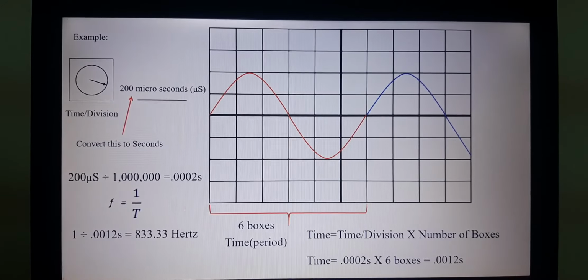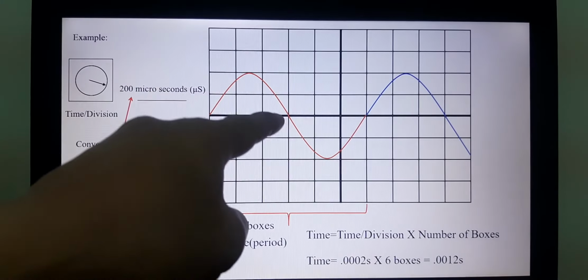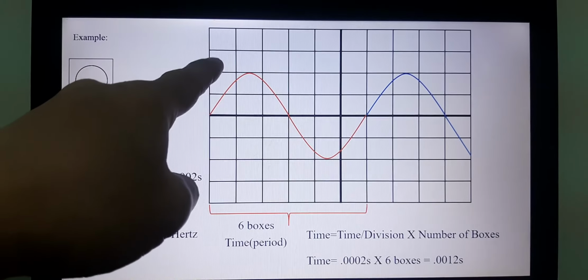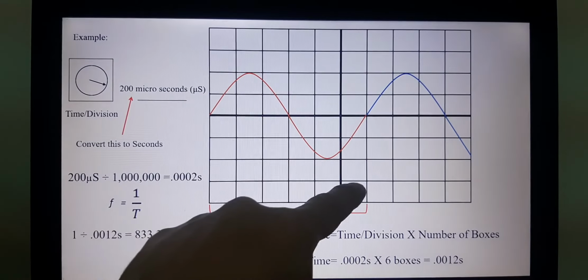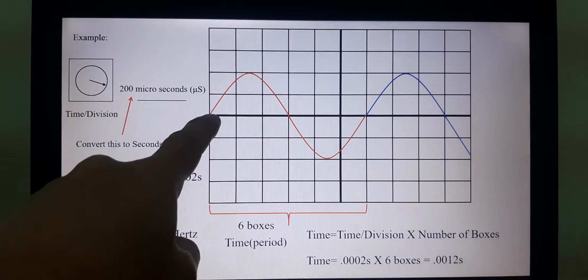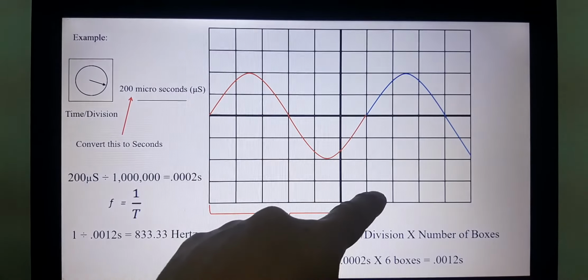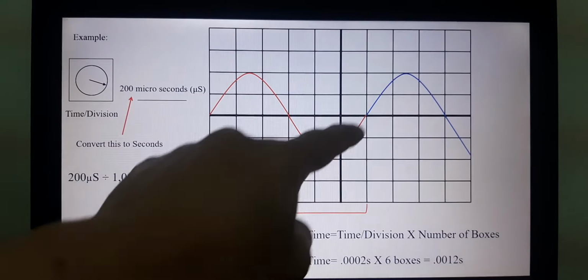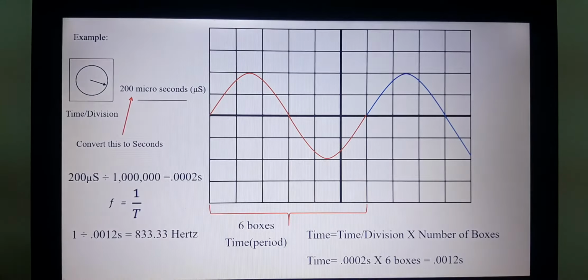Now, in this example, our one cycle of the sine wave has a period of 6 boxes, meaning this sine wave covers 6 boxes, or 6 divisions, of the display.